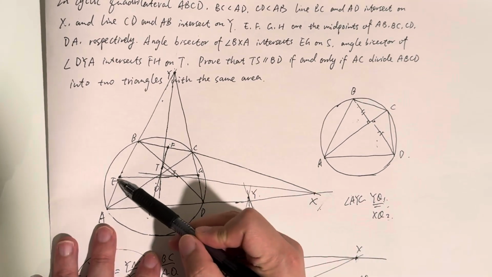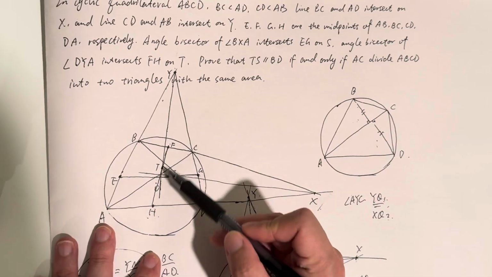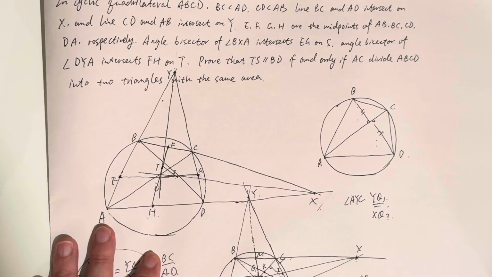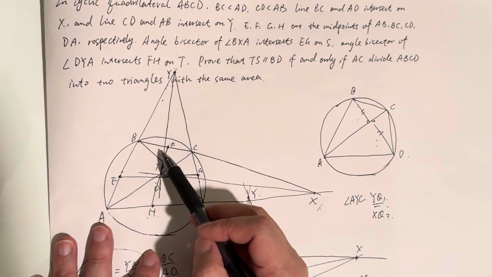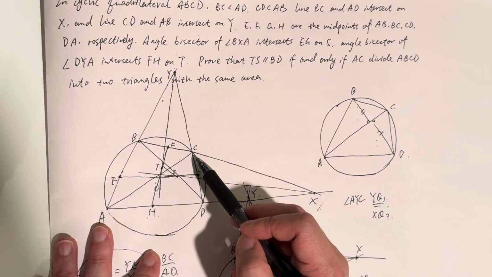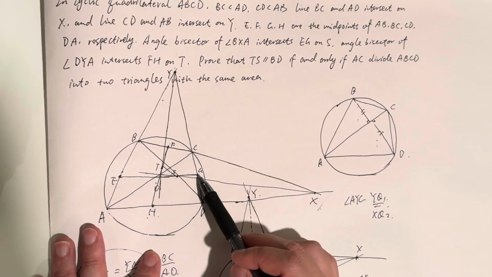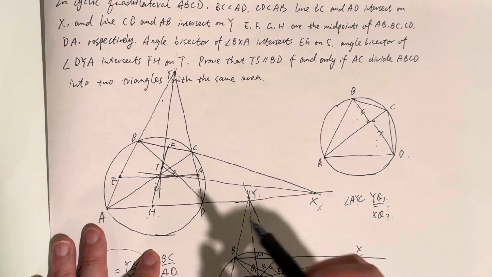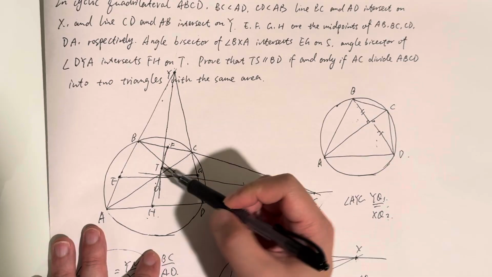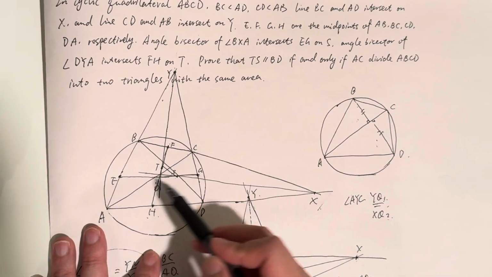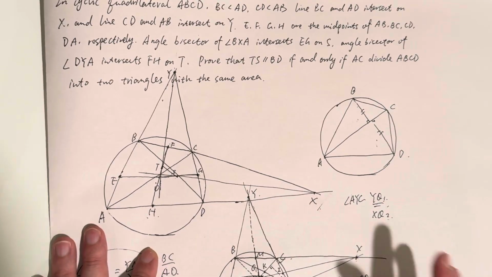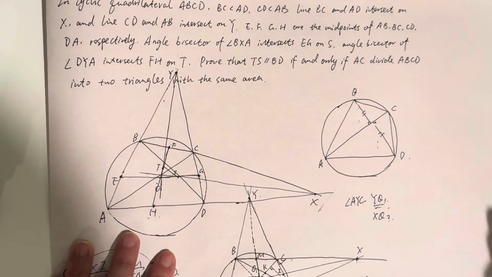Which means EG and FH bisect each other, right? And also we know that the distance from EF to AC equals the distance from HG to AC. That means AC is passing through the intersection point of HF and EG. So that means this point should be on AC. Okay, that's a quick proof.